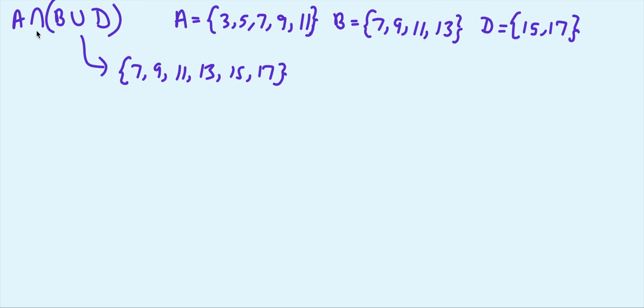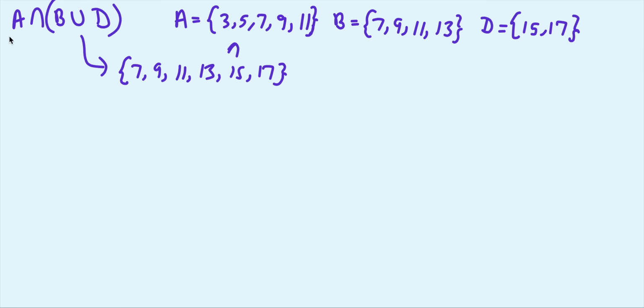And then for this whole thing, what we would do is list them. So we would do A intersecting this B union D set. So we're intersecting both of these.